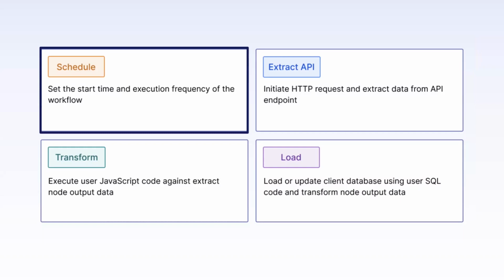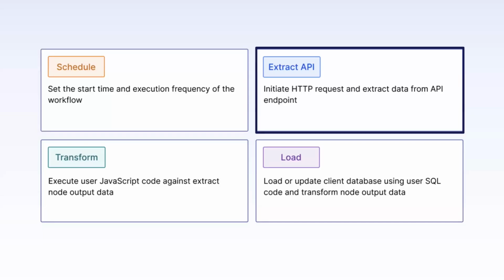Once a workflow is set to active, it will be automatically executed by a cron job according to the schedule. The extract API node initiates HTTP requests to API endpoints. It takes URL, HTTP verb, and optional header, body, and authentication data as input, sends the HTTP request, and saves the returned data as an output.